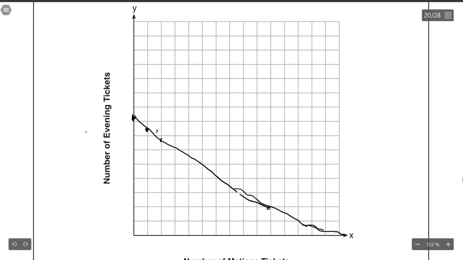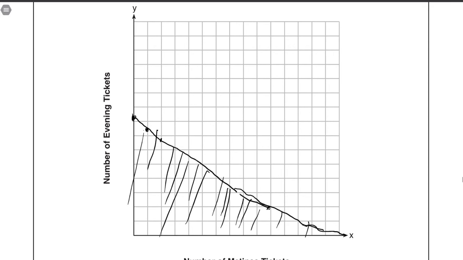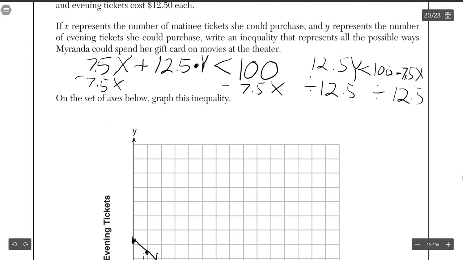So, and then we have to shade it down. Oh, and actually this line should be dotted because it's less than, not equal to. Oh wait, no, it could be equal to. Really, it could be exactly 100. Exactly 100 is fine. So actually, therefore, it's not dotted.